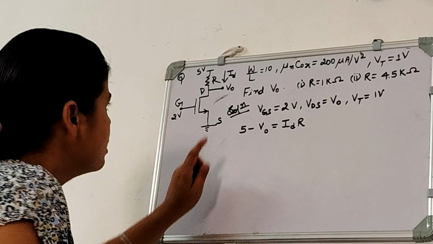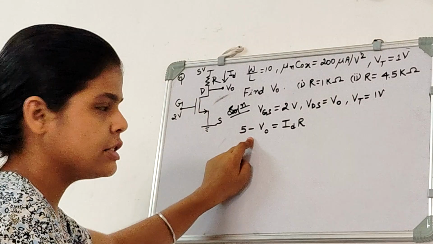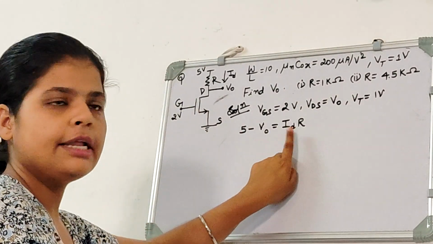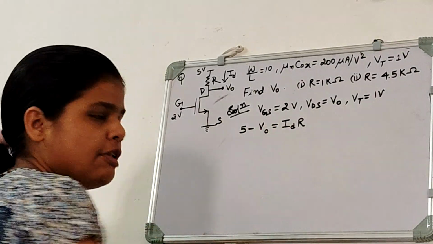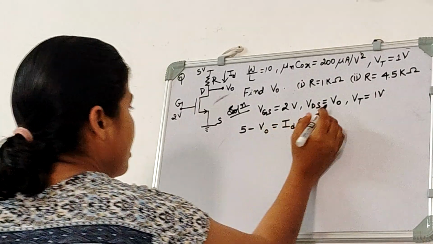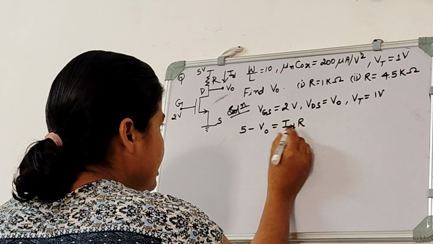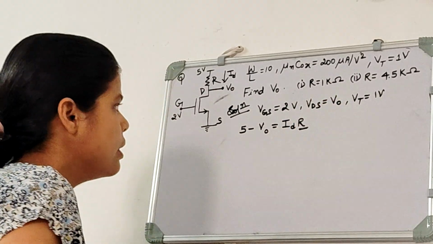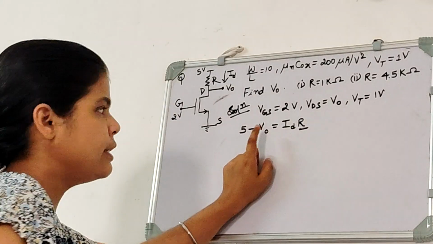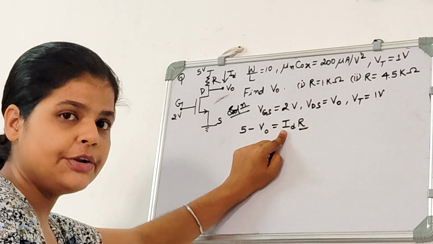We know that the potential difference is equal to current into resistance, so using this equation we will find the value of V0. But here R is given, that is 1 kilo ohm, and we have to find V0, but there is one more unknown, that is ID, the drain current.